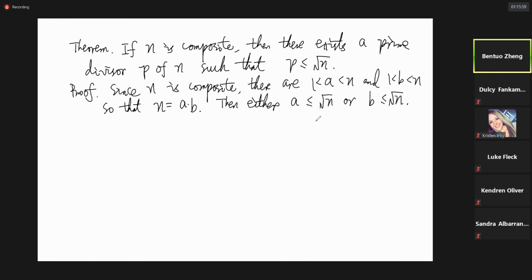Because if a is greater than square root of n, and b is greater than square root of n, then a times b would be greater than n.